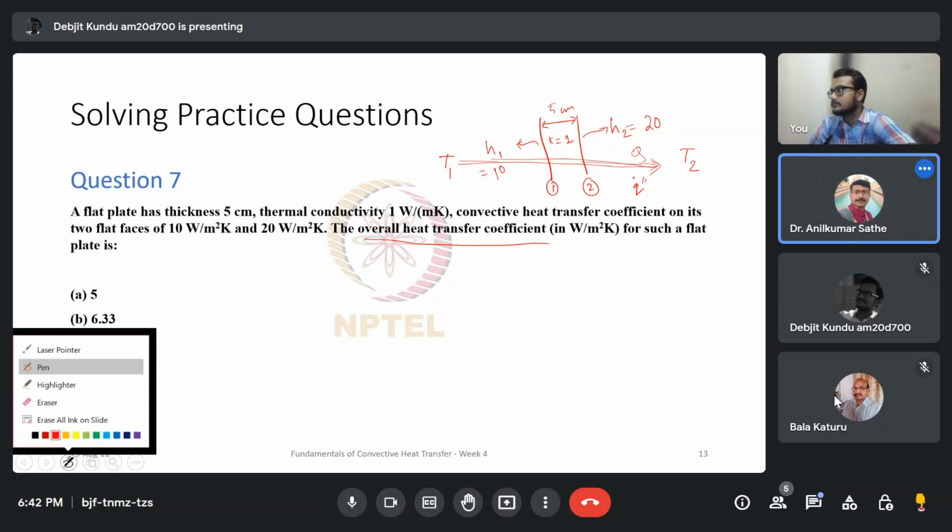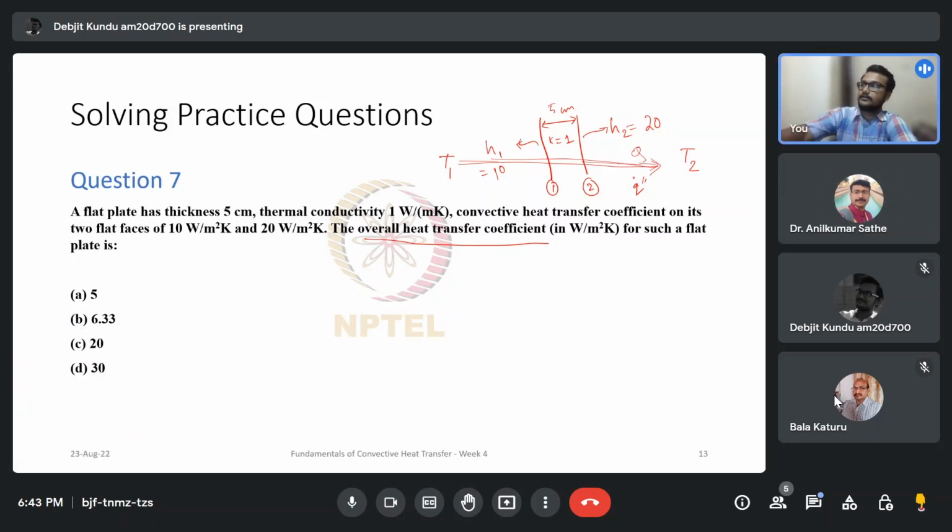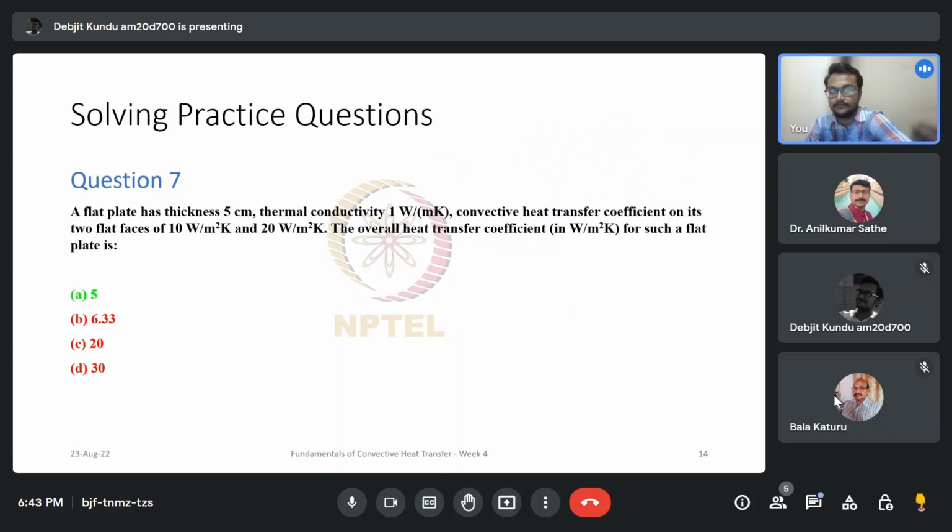Answer is 5. Let's look at the solution. Correct, answer is 5. So how can we do this? The overall heat transfer coefficient U is equal to 1 by the equivalent resistance Re. How can we find Re?